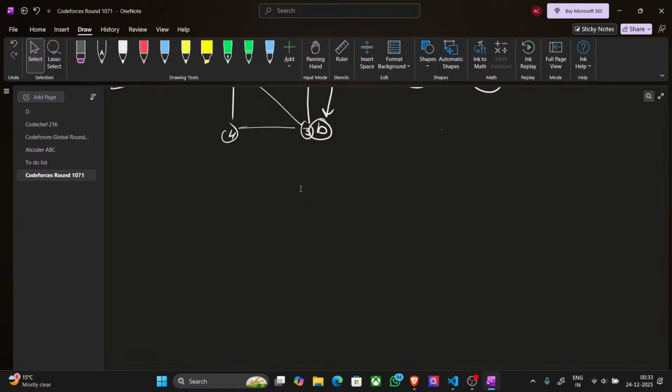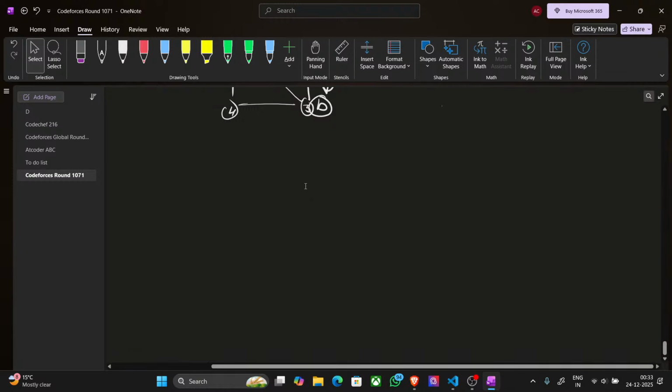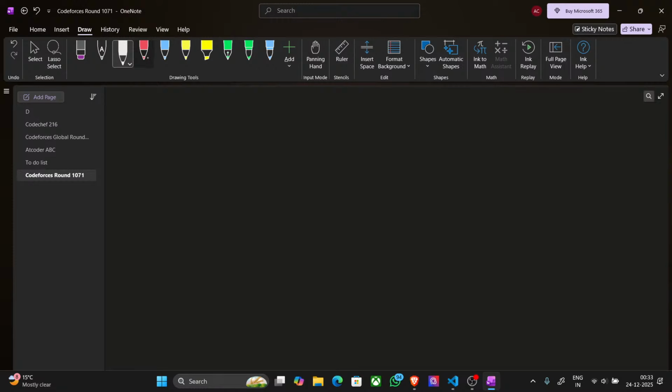Any problem in this explanation or anything till now about this problem? Okay. So what I can do, as I am given three colors R, G, and B, I want to reach 1.